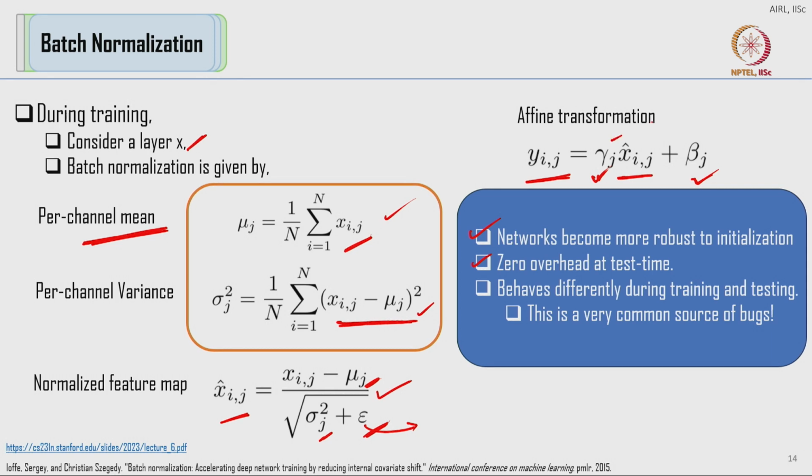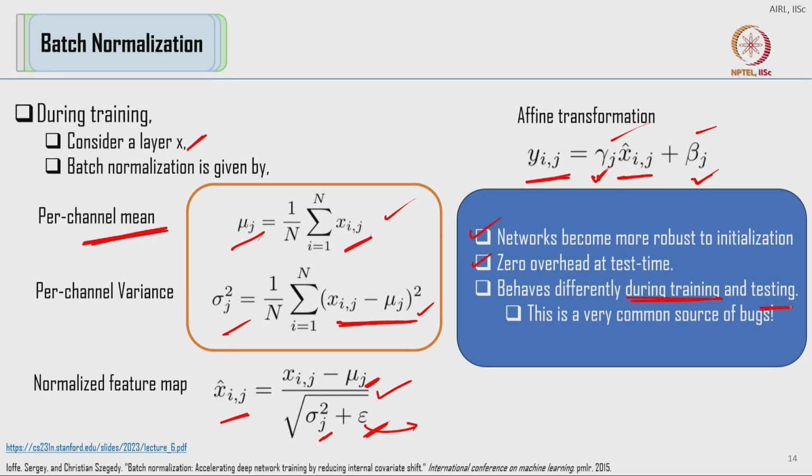So all the learnable parameters mu and gamma are frozen. However, one major drawback of this is the mu and sigma which are computed during training. Once they are computed during training, they are kept frozen during testing, right.